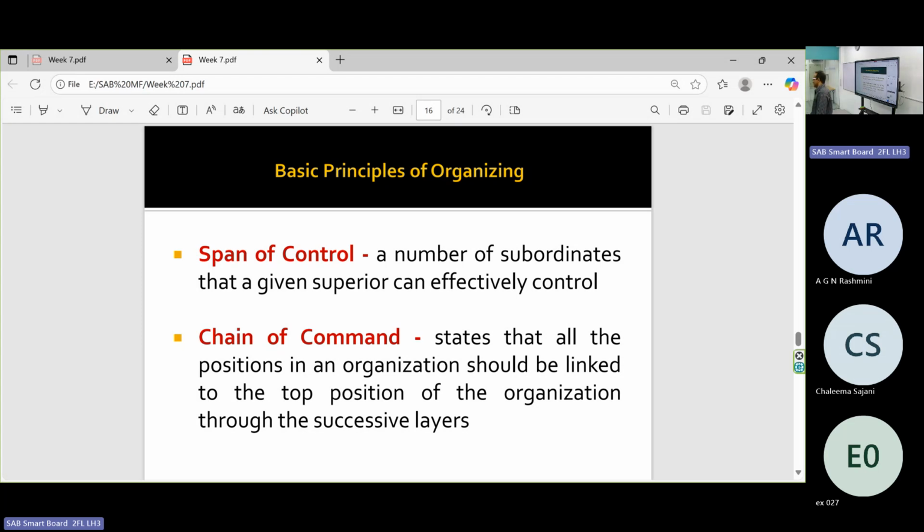It's a small class. Span of management, span of supervision. In big classes, the span is wide, and in very large classes it is unmanageable.